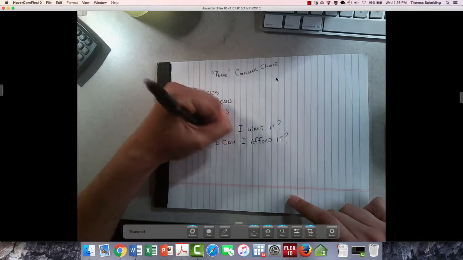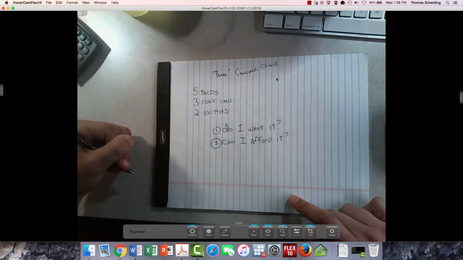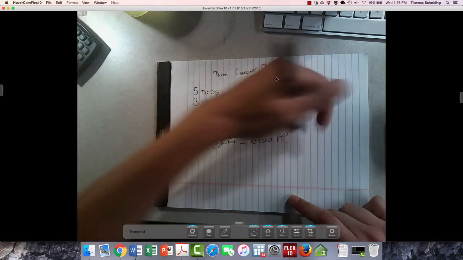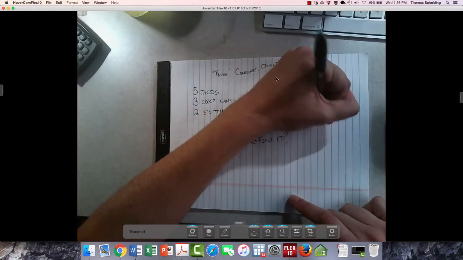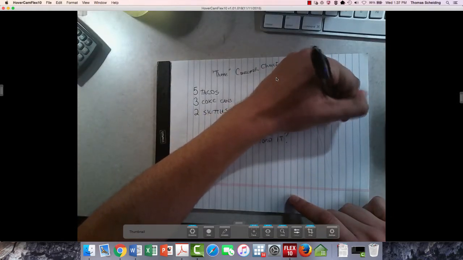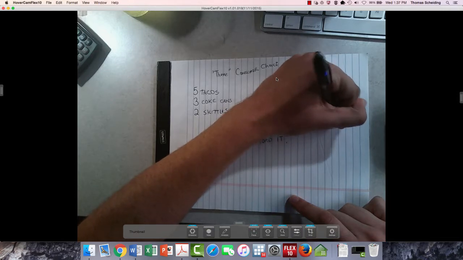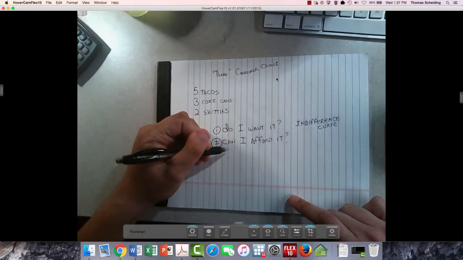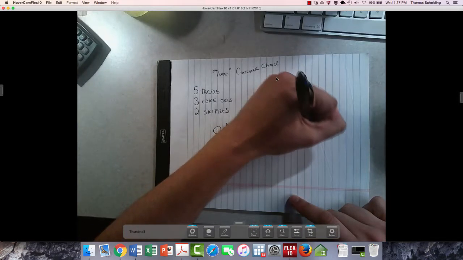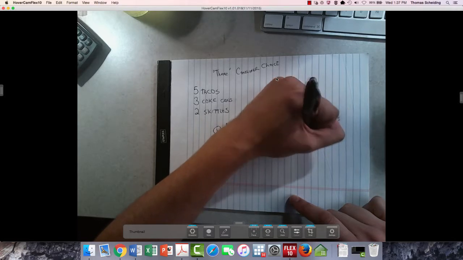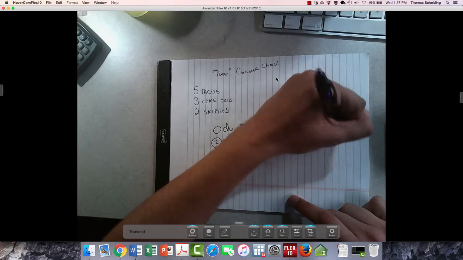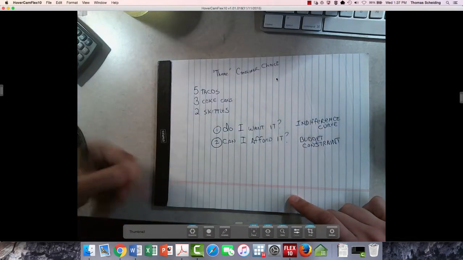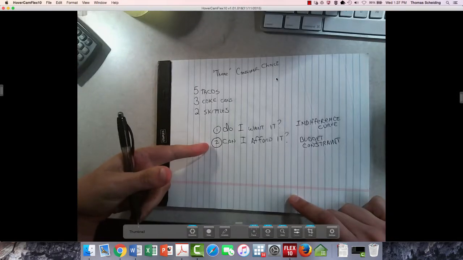This first question and then this second question. The do I want it question, we're going to talk about that with the indifference curve. And the can I afford it, that's going to be part of what's called the budget constraint. So we're going to deal with each of these 2 questions in turn.